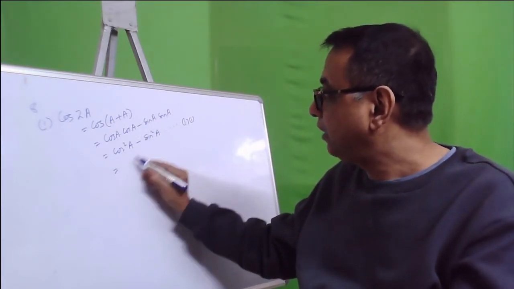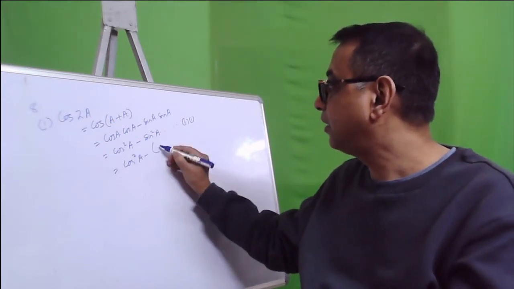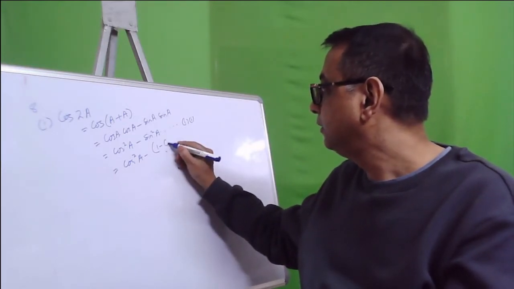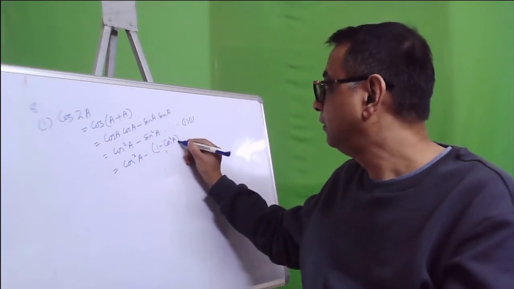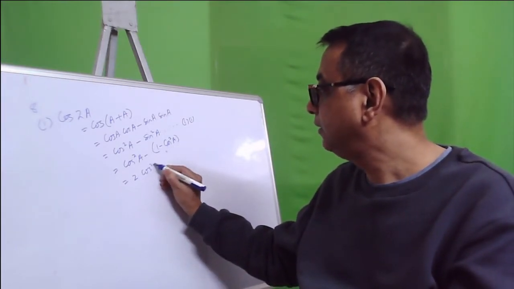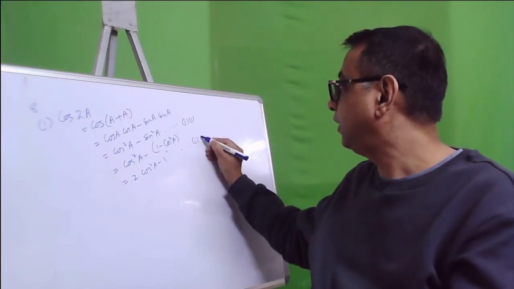Then we can also write cos square A minus sin square A by replacing sin square A with 1 minus cos square A, so it will become 2 cos square A minus 1. This is also one way, let's say we write 1.2.